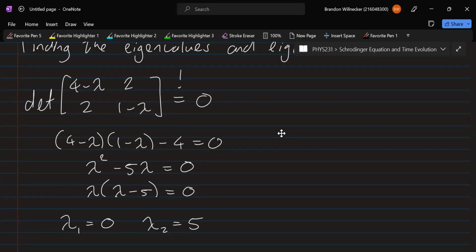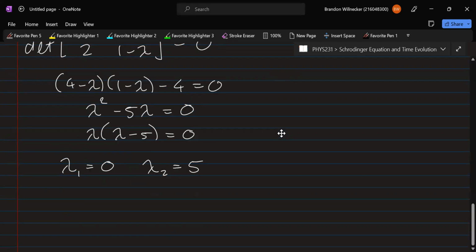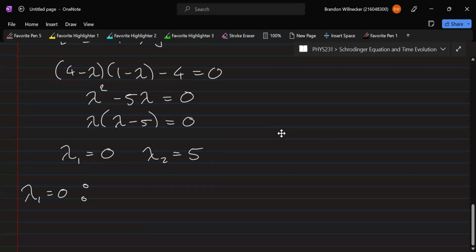Now, just a note, the eigenvalues can be 0. That's fine, but the eigenvectors can't be 0. Remember, we excluded those from the set of eigenvectors. But eigenvalues, they can be 0. Okay, so let's find the eigenvector corresponding to lambda 1. If lambda 1 is 0, we're going to end up with the following eigenvector equation.